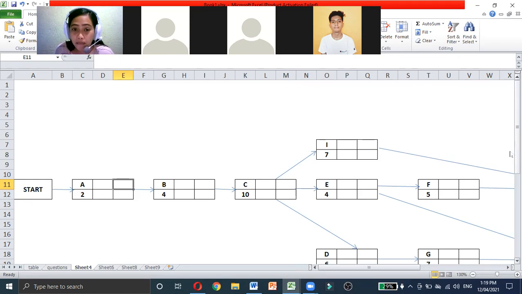Doing the forward pass. Okay, that's good. We will do the forward pass.